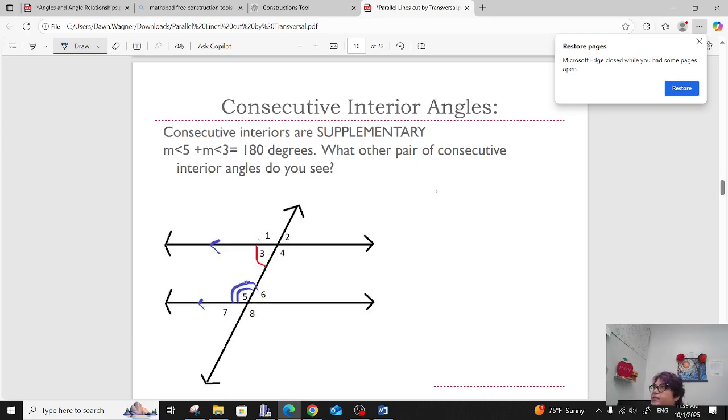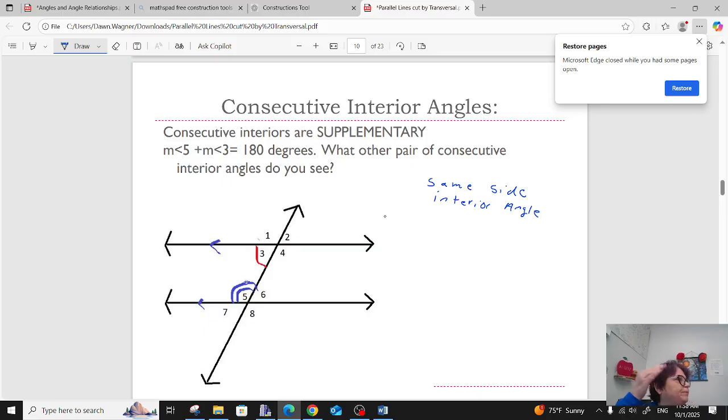Or sometimes you'll hear me say same side interior angles.